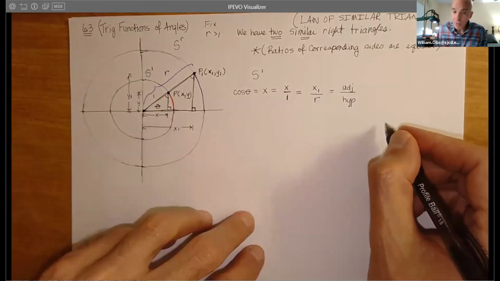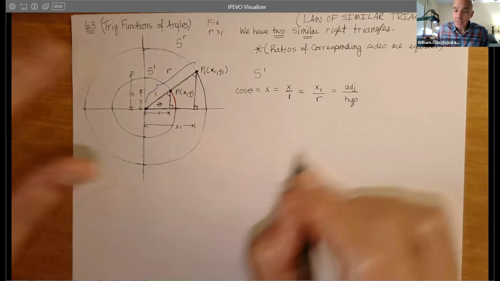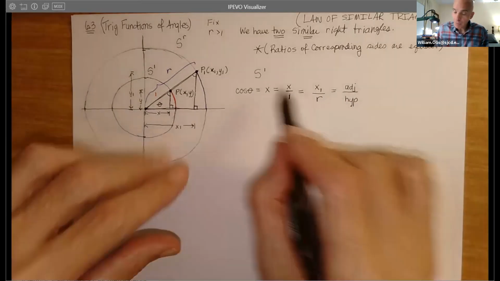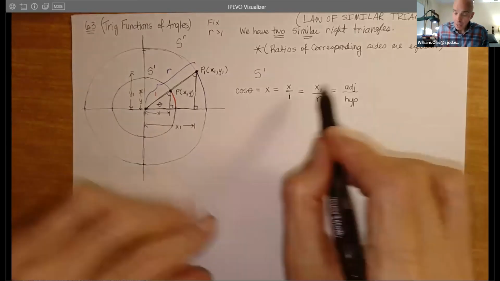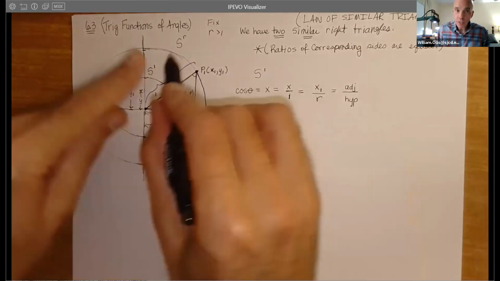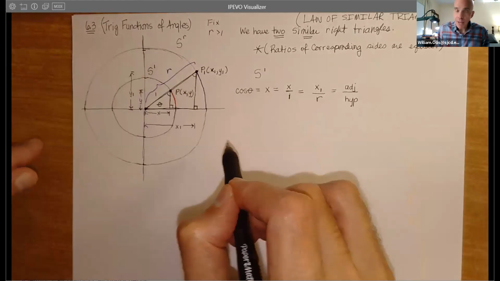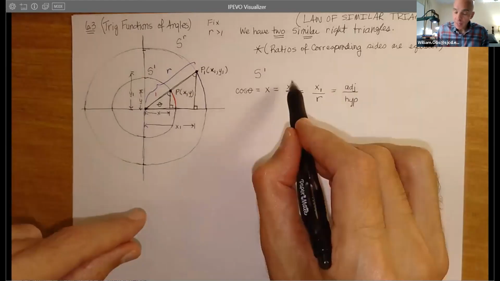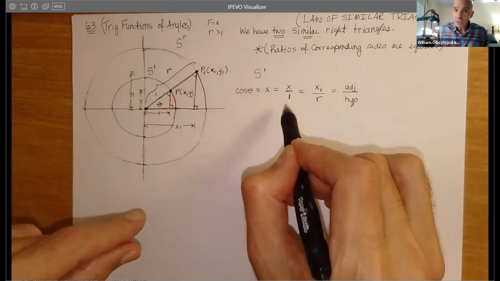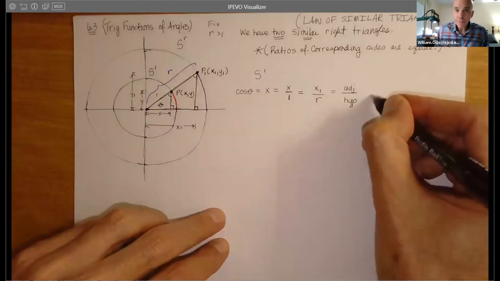So what we see here is that with this type of reasoning, we're done. No matter what circle we use, it doesn't matter. The law of similar triangles will preserve the adjacent over hypotenuse. So this checks.